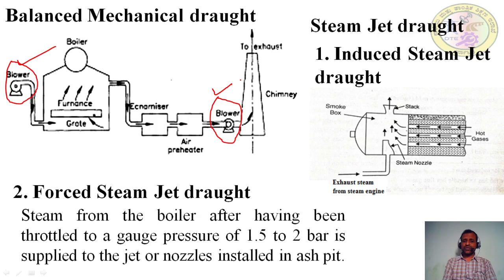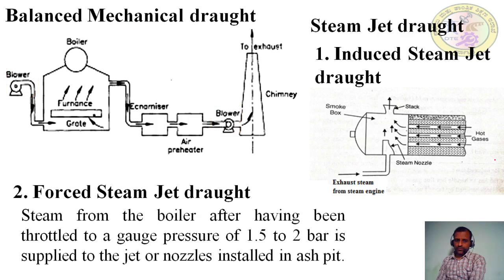Then definitely the pressure of that air is also less, so you can pressurize it again using the blower. So you are balancing both in this case, which is why it is called balanced mechanical draught. The draught is created by balancing the disadvantages of the forced draught as well as the induced draught.